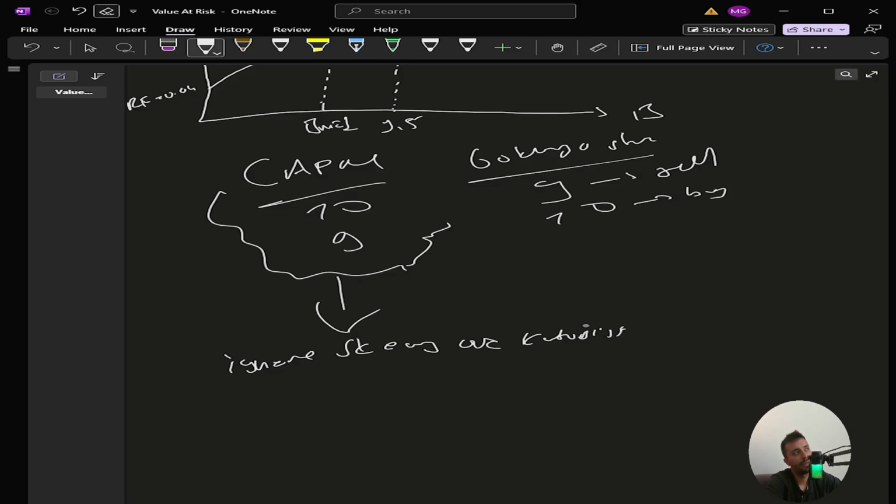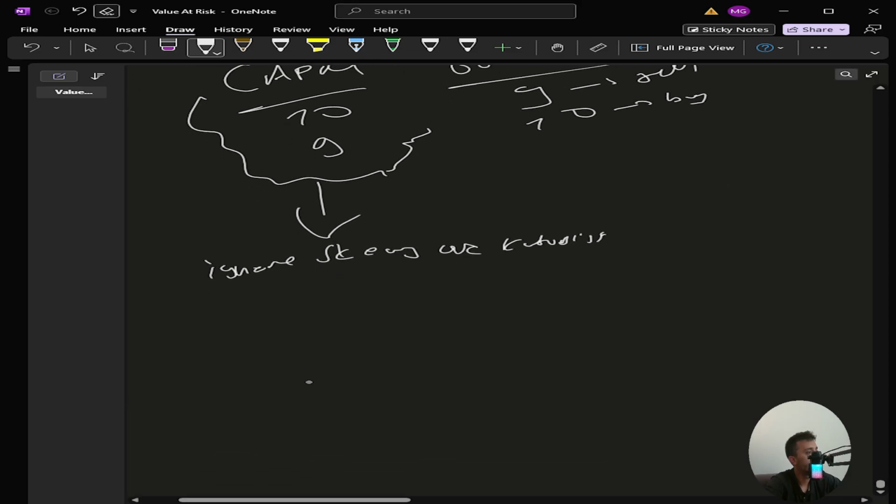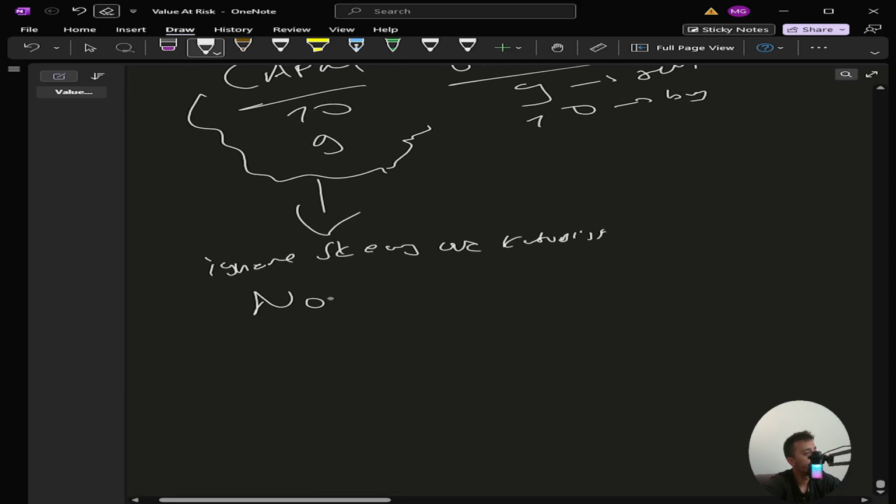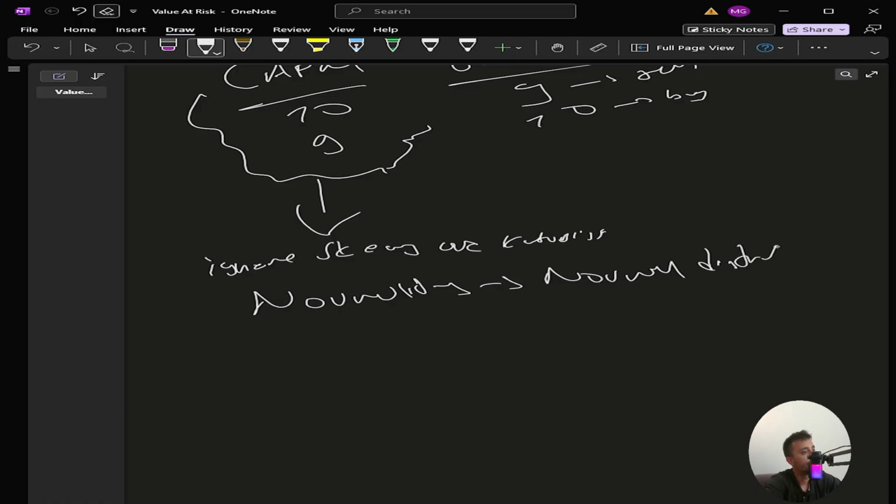For instance, arbitrage pricing theory never ignores skewness and kurtosis because they have unique estimating equations. And always remember again normality: normally distributed. Remember this always.